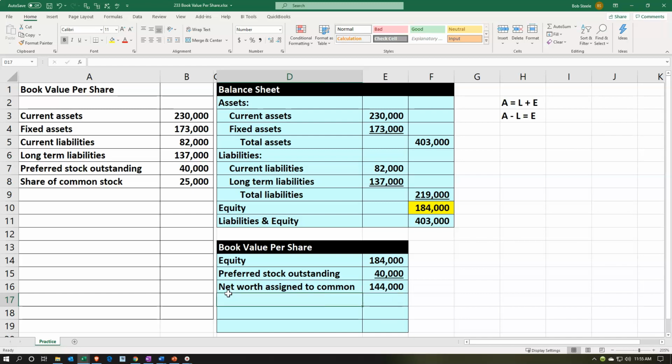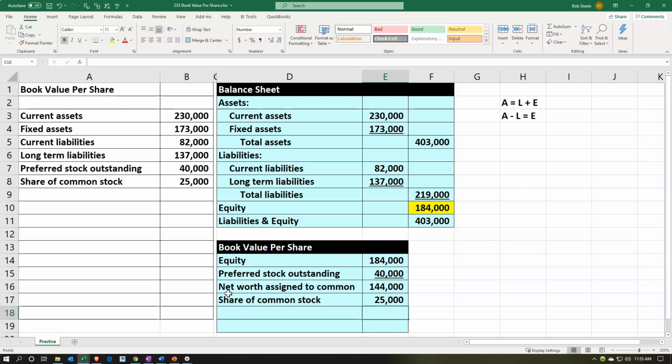Now we can divide by the number of shares owned by the common stock owners, 25,000 shares. Remember, that doesn't mean 25,000 people own the company. It means there are 25,000 shares, equal units of the company, and those shares could be owned by multiple individuals, who could own multiple shares.